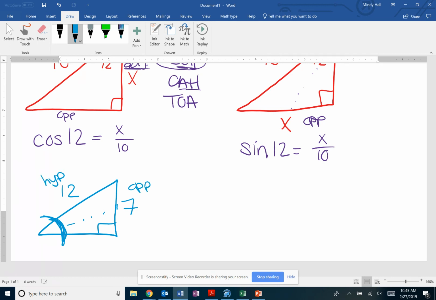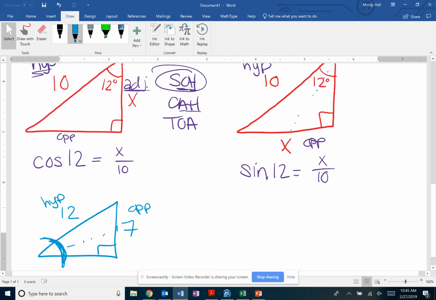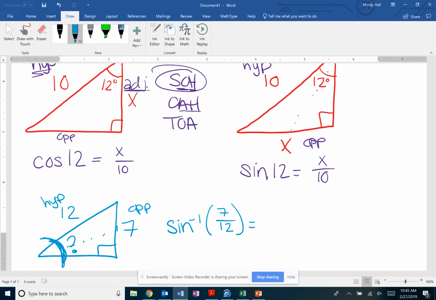Still looking at the same rules, because it's opposite and hypotenuse, it's going to be sine, but because my angle is my unknown, it's going to be inverse sine of opposite over hypotenuse equals, we'll call it A, and then you'll actually get your degree measure from that.